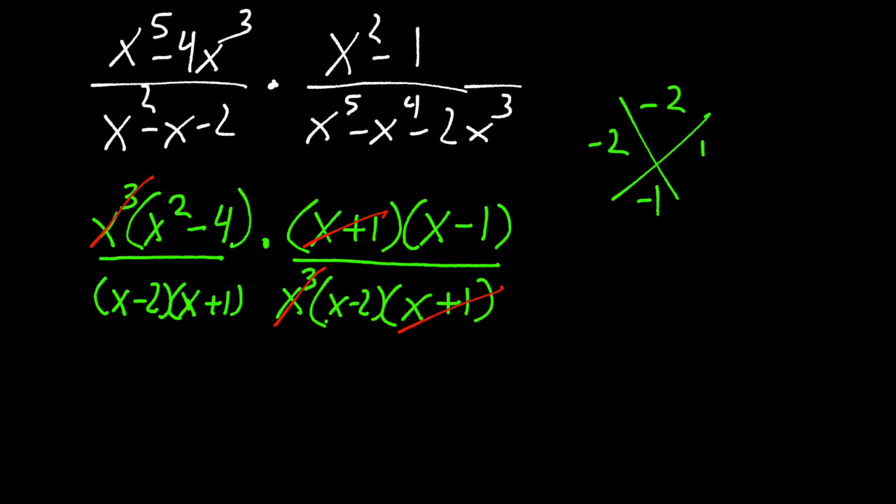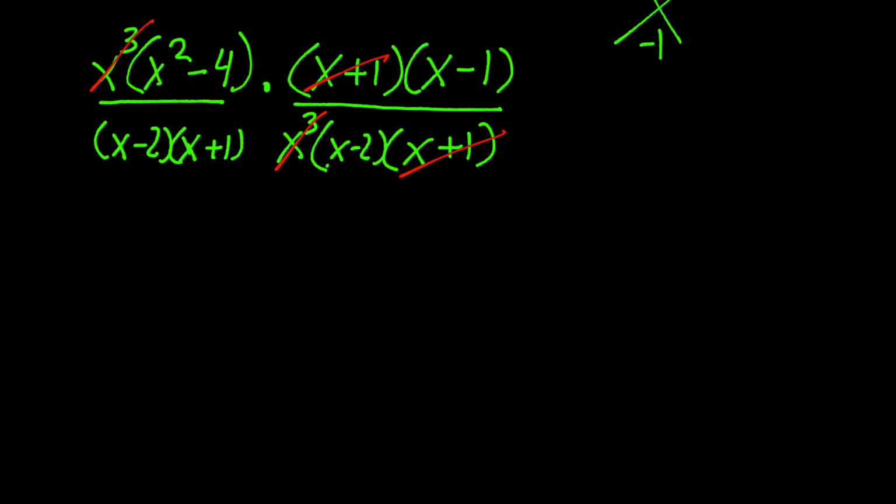Now, the only thing left that I can do that might help me is factor this out, x squared minus 4. This is another difference of squares, just like x squared minus 1 was. X squared is a perfect square, 4 is a perfect square, and you're subtracting them. So, let's see what this is going to become.